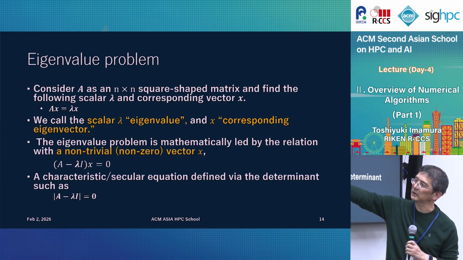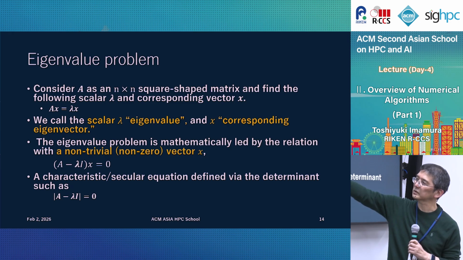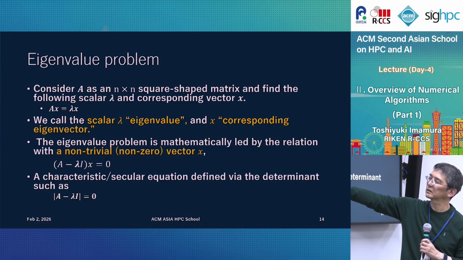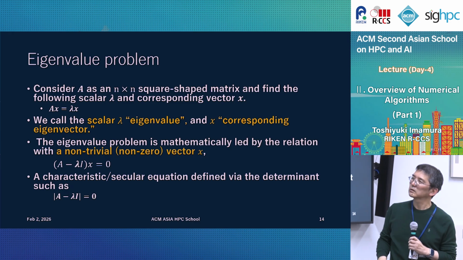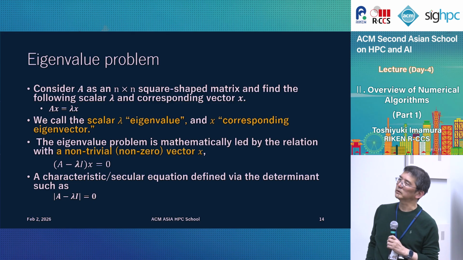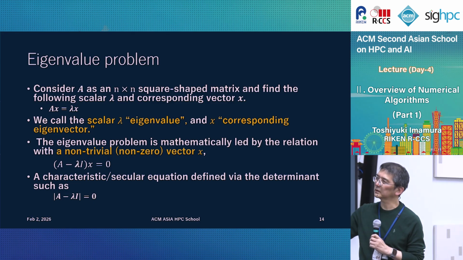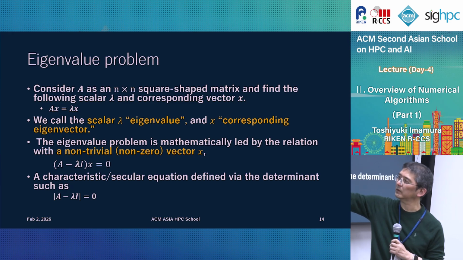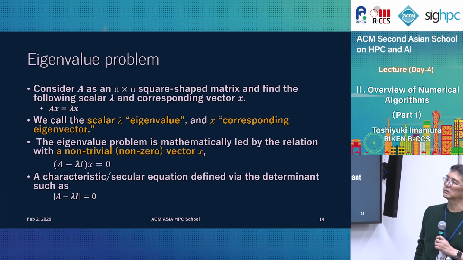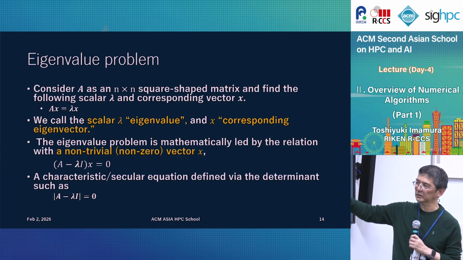Then A minus lambda I multiplied by the vector x returns the zero vector. In this relationship, lambda and x are the solution of the eigenvalue problem of the matrix A. But x should not be 0. If we have a non-zero vector, then it is the eigenvalue and the eigenvector.